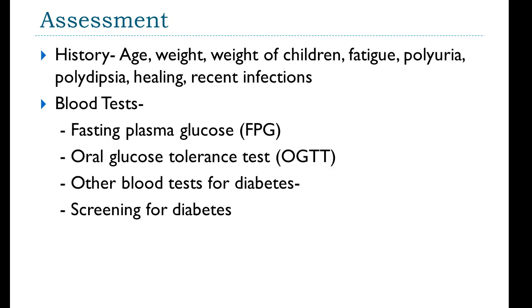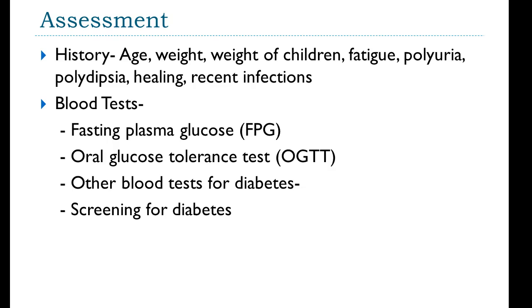We look at the results in two ways. We look at the results of this test, the fasting blood sugar, and look for what we call either an impaired fasting glucose or actually making the diagnosis of diabetes. And normally, your fasting plasma glucose should be under 100 milligrams per deciliter, okay?